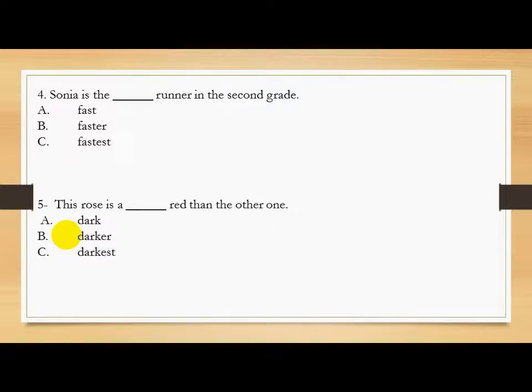Sonia is the fastest runner in the second grade. I'm comparing between Sonia and all the second grade students. Finally, this rose is a red than. I find than, so I should put the adjective with er, a darker red than the other one.